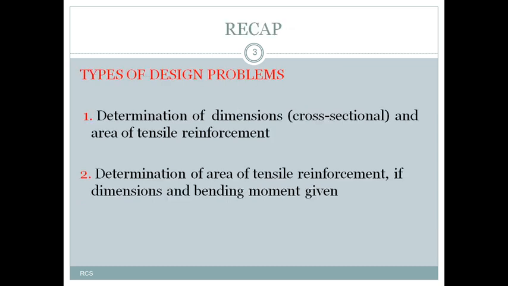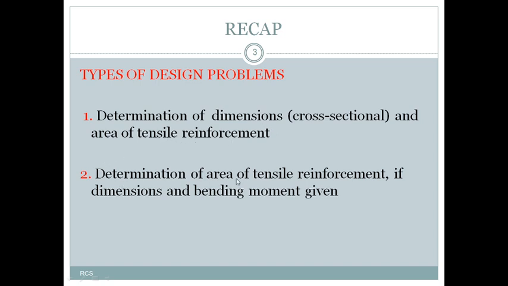Now let us recall what we discussed in the last class. In the last class we designed singly reinforced beams in two different ways. The first way is when the characteristic strength of steel and of concrete is given, and for a given design load you have to calculate the dimensions of the beam and the amount of tensile reinforcement required.